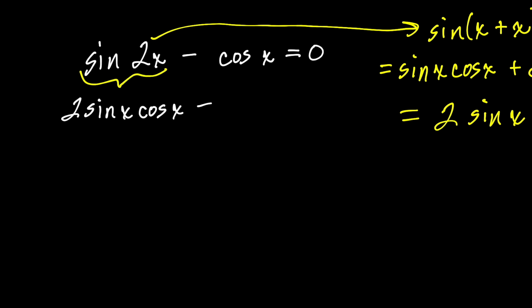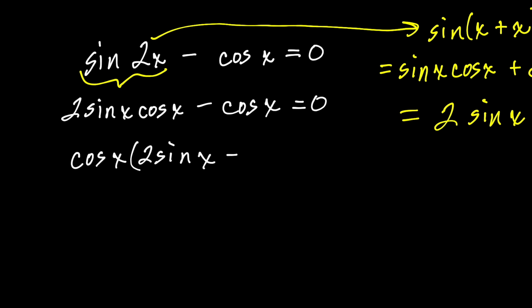All right, and then I just have minus cosine x, that's still coming along, and it's set equal to 0. This sets up a nice situation where we can factor cosine of x from this expression, or some students call it undistribute. If I had cosine x times 2 sine x, and cosine of x times minus 1 is minus cosine x.